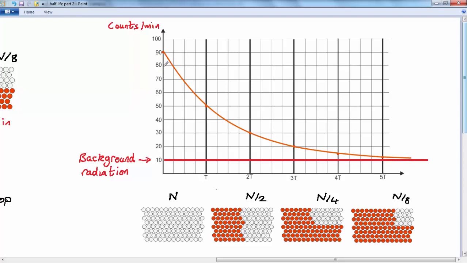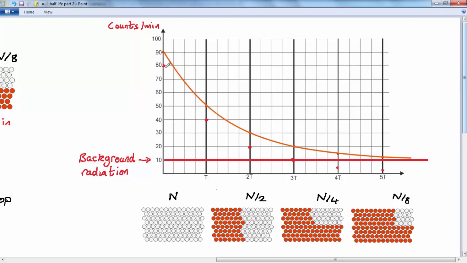So let's do that. We drop down from 90 to 80. These then are the actual values of our sample. So 50 will drop down to 40, 30 to 20, 20 to 10, 15 to 5, 12.5 to 2.5, etc.